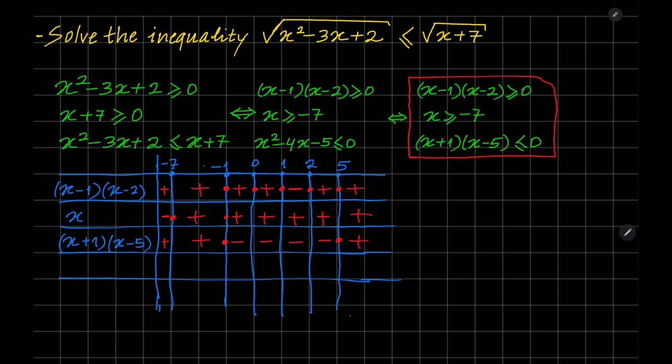Now if we check equation 1, x minus 1 times x minus 2 must be greater than or equal to 0. You can see that it's greater than or equal to 0 in these regions. Let me change the color.